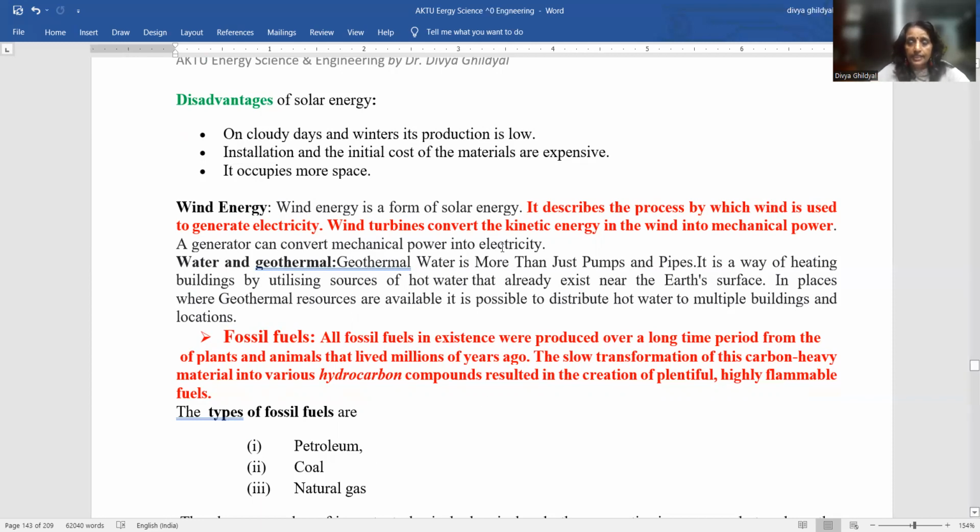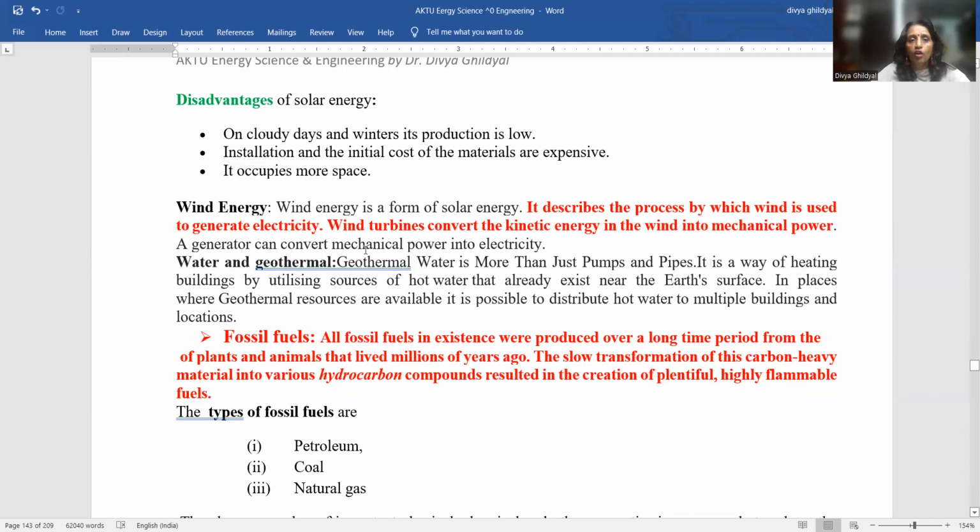That means it describes the process by which wind is used to generate electricity. Wind turbines convert kinetic energy in the wind into mechanical power. A generator can convert mechanical energy into electricity.